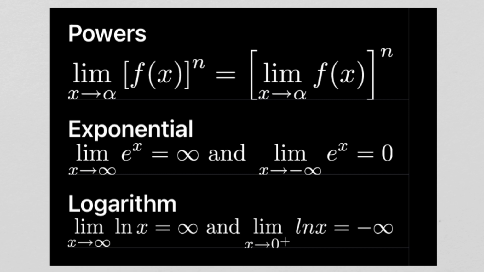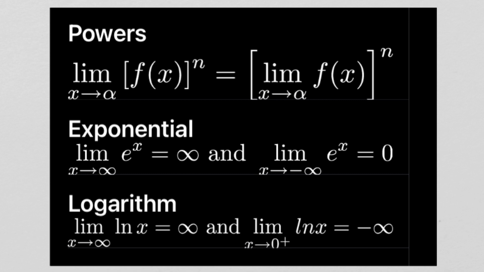The limit of e to the x as x goes to infinity is infinity. The limit as x goes to negative infinity of e to the x equals 0.